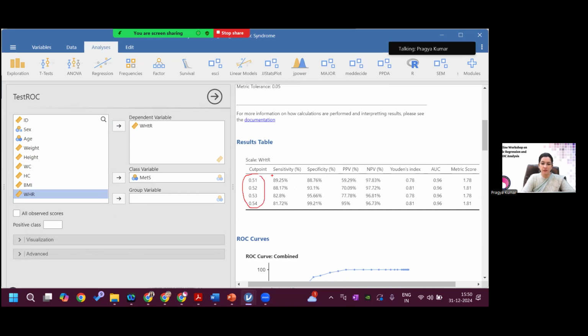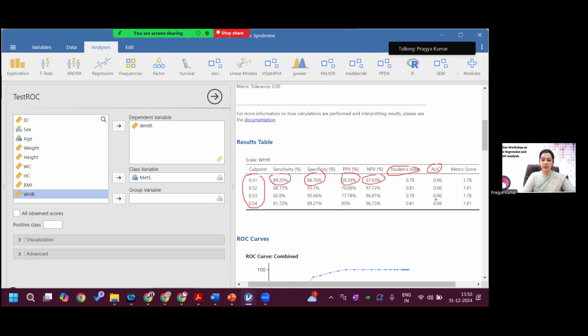At each cutoff point, it gives you the sensitivity, specificity, positive predictive value, negative predictive value, Youden index, which we discussed, sensitivity minus 1 minus specificity, and then AUC, area under the curve.